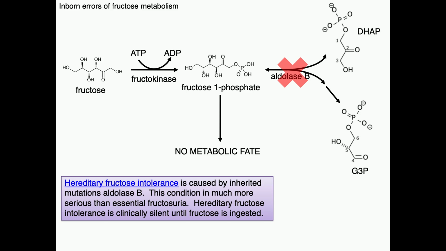If you eat a bunch of fructose, it's going to be rapidly converted into fructose 1-phosphate, but this is then going to be stuck there. And the consequence is the cell's entire phosphate pool is going to get trapped in fructose 1-phosphate. So what's ATP synthase in the mitochondria going to use then? It's not going to have any phosphate around because it's all trapped in this intermediate that doesn't have any metabolic fate.